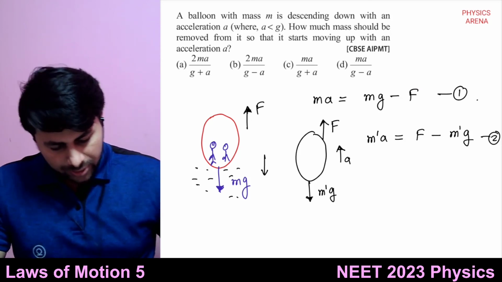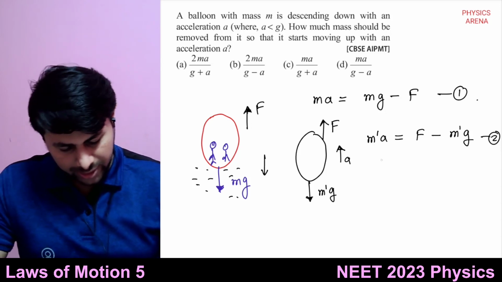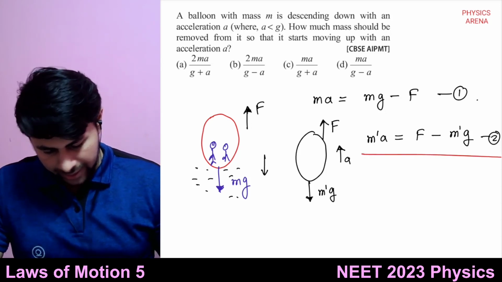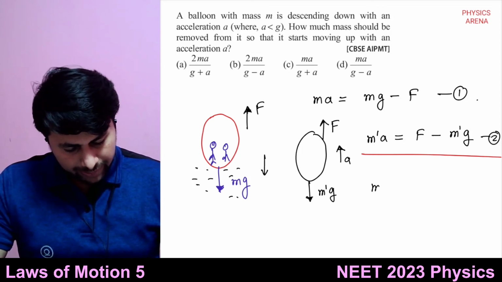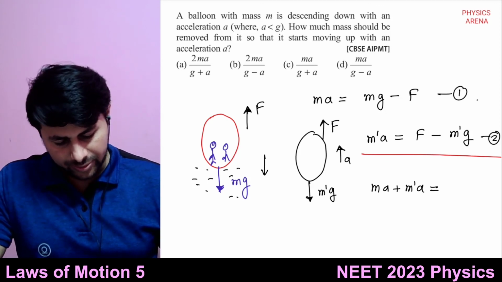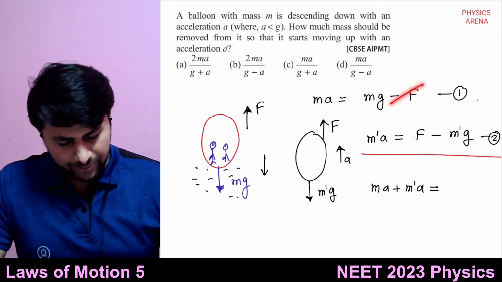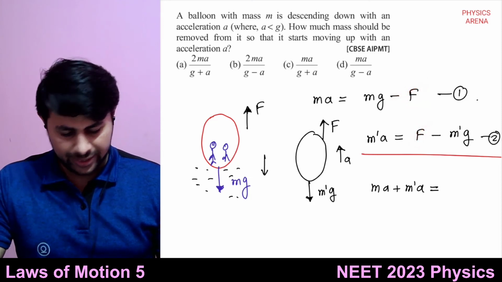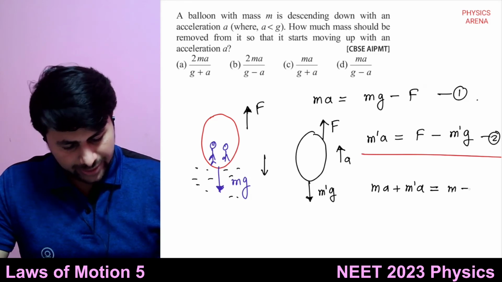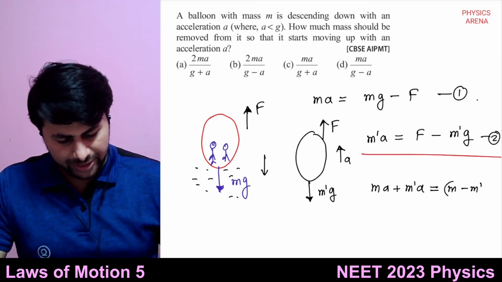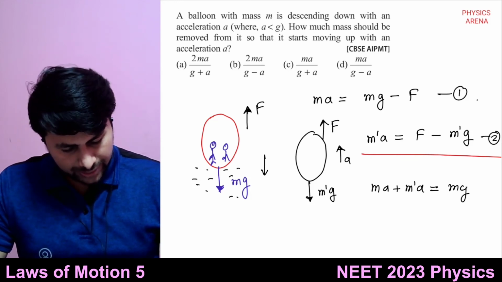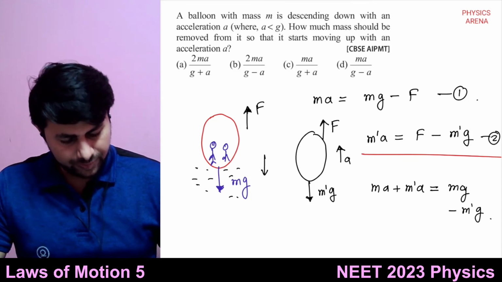All right, so now we can add these two equations. What do we get if we add these two? I get m times a plus m dash multiplied by a is equal to, on the right hand side, minus F and plus F get cancelled. It is m minus m dash multiplied by g, or mg minus m dash into g.